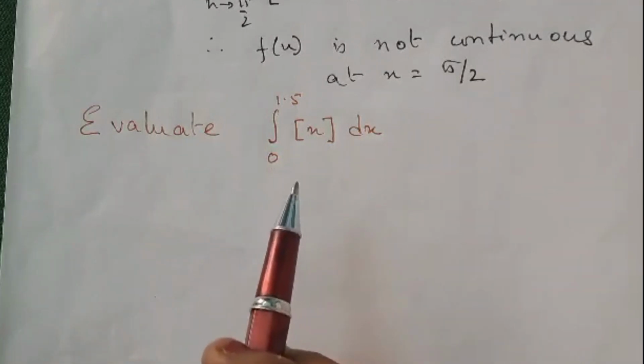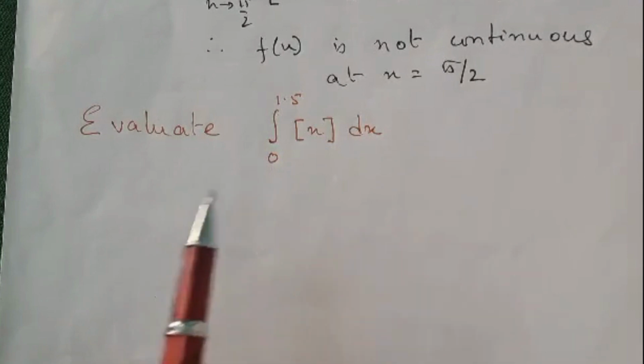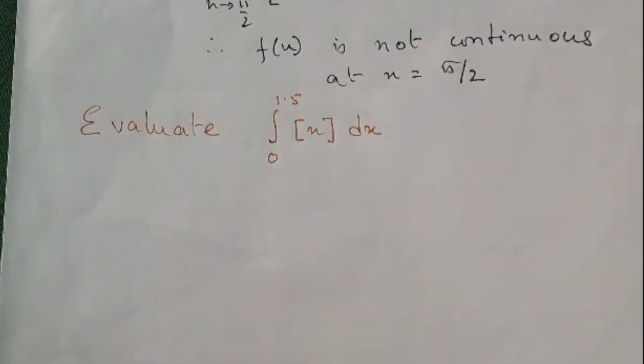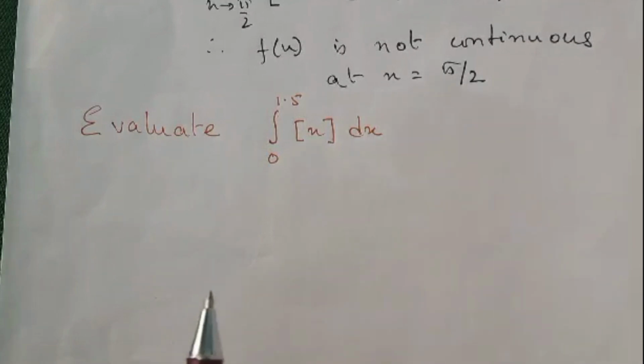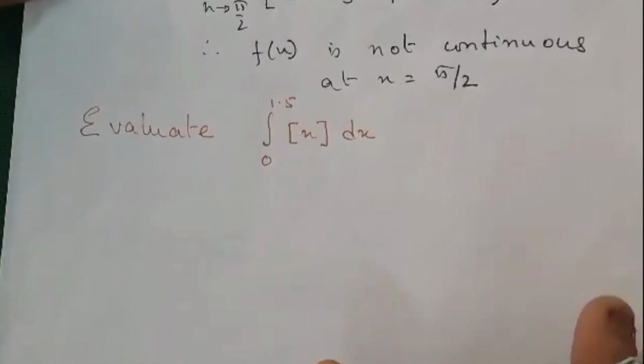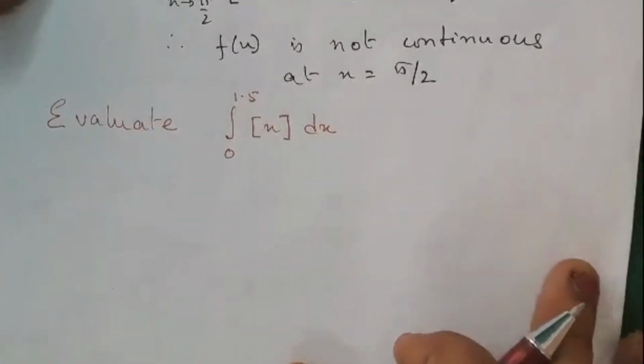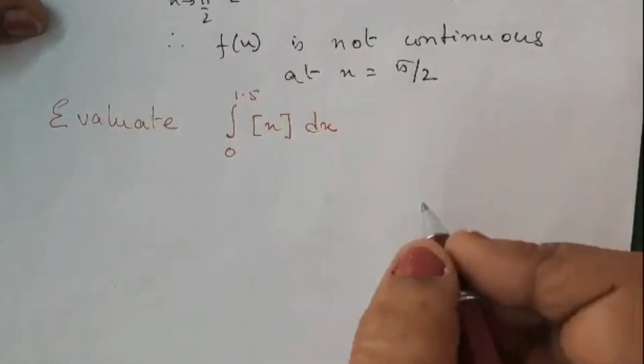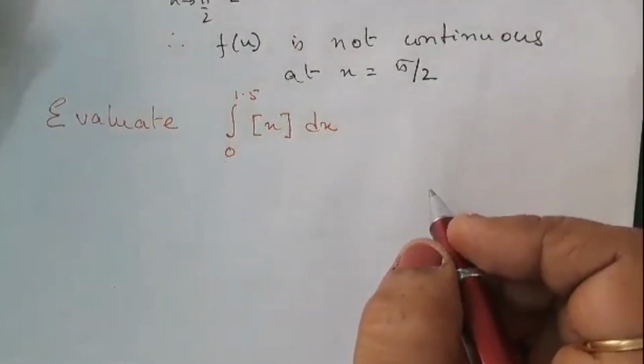Now we know that whenever there is an integer in between, the box value changes its value. So we break it up from 0 to 1 and 1 to 1.5. Now which property of integration are we using here?